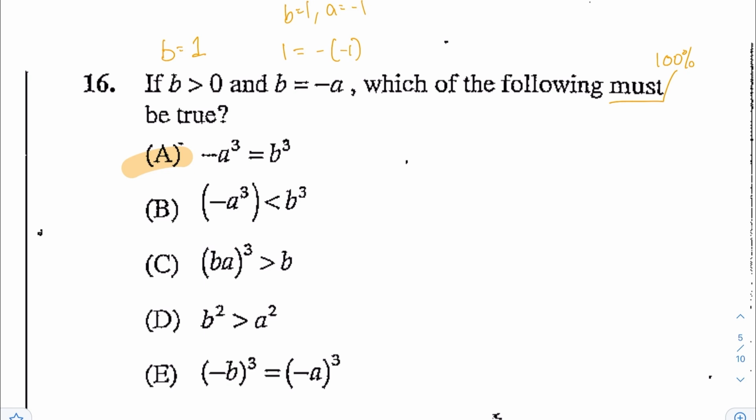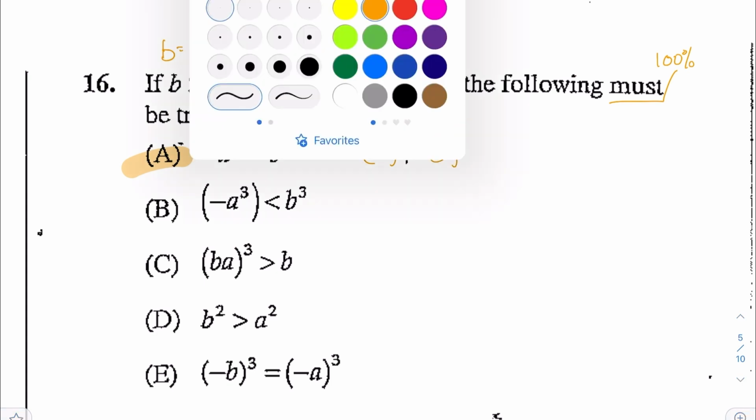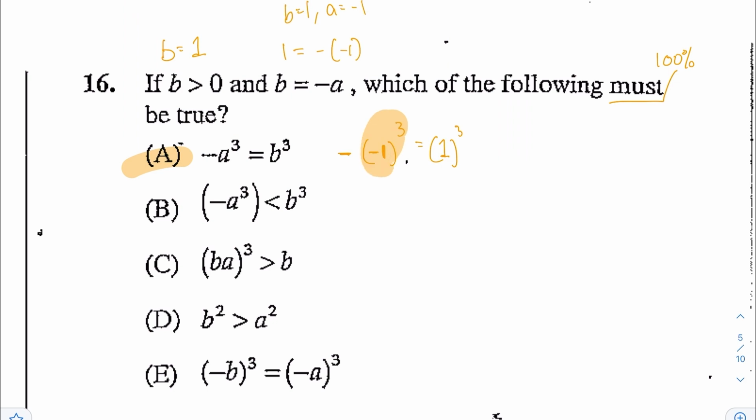So you just go through all the choices. For example, choice A, you have negative of a, which is negative 1, cubed, and that's equal to b, which is 1 cubed. Now here you have to do order of operations. So the exponent comes first before you multiply or divide by a negative sign. So negative 1 raised to a third power is actually negative 1 again. Any negative number raised to an odd power is negative.